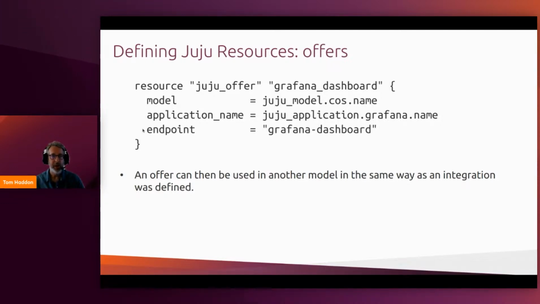So we just use the juju_offer Terraform resource and give it an internal Terraform name of grafana-dashboard. We then define the model, application name, and endpoint that we want to expose for that offer. This offer can then be used in another model in the same way as an integration was defined.